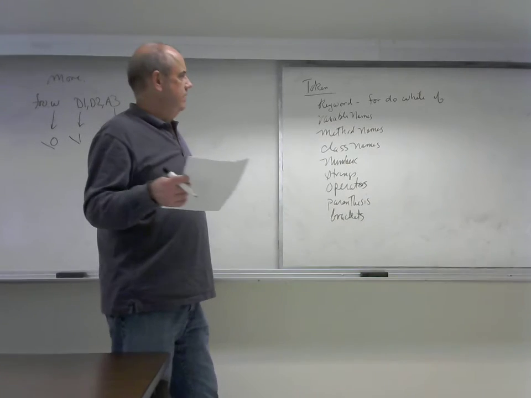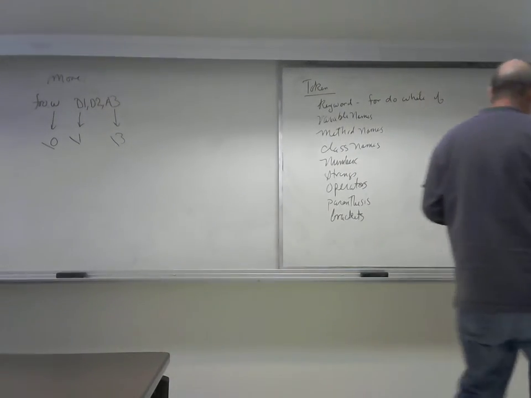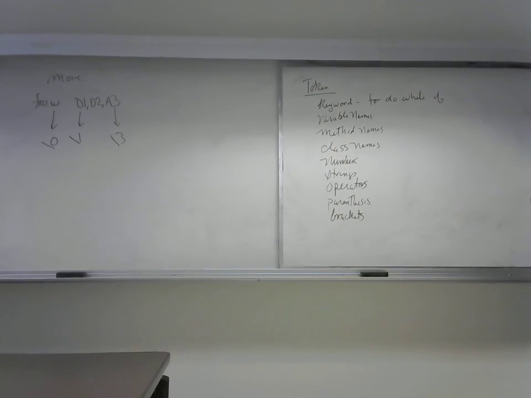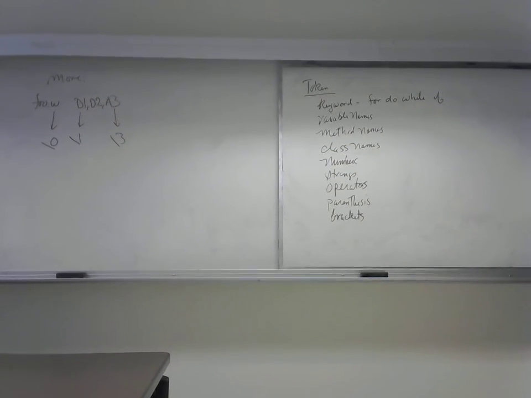So there are three main components to a compiler. First, you have a scanner. Then you have a parser. And third, you have object code generation.